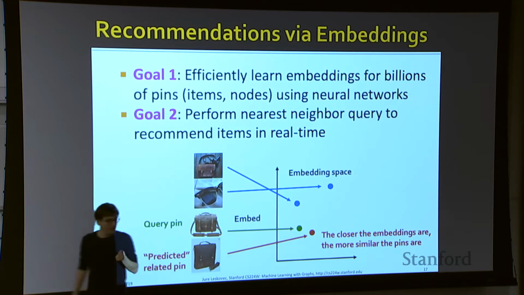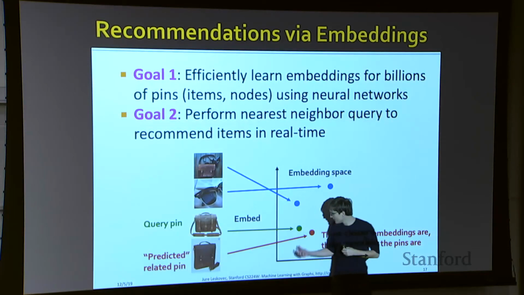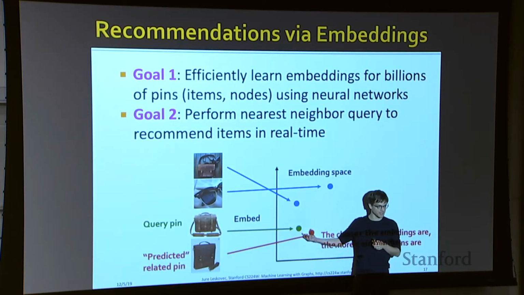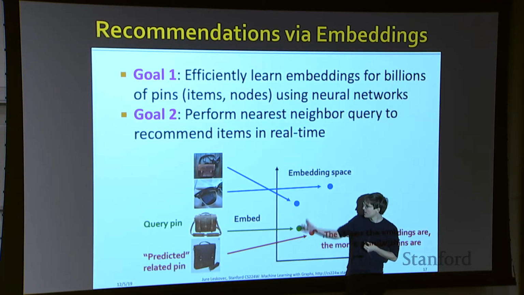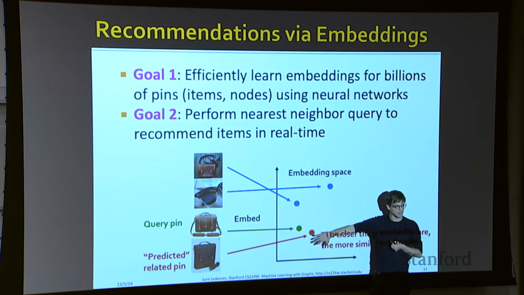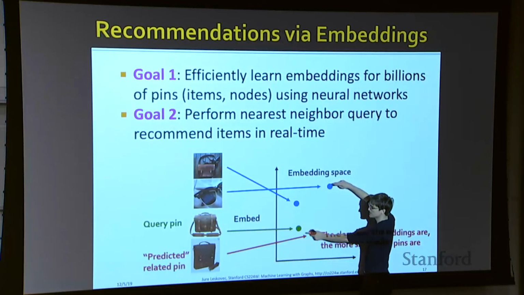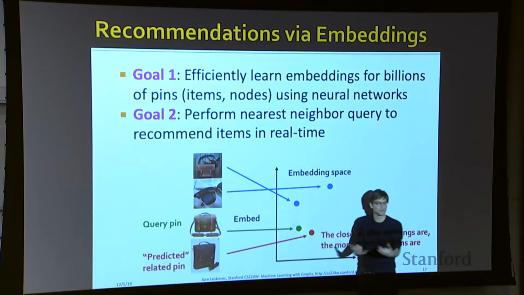Then the question will be, what you didn't ask me is, how do you quickly find nearest neighbors in this high dimensional space? Because if you have a 300 dimensional space with about 3 billion points, you cannot compute the distance between the query and every pin and find the closest ones.